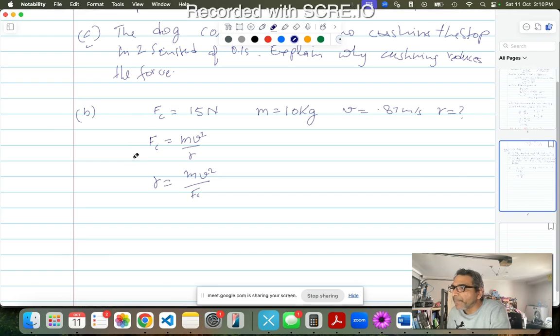This is done by the direct step, because r is the denominator on the other side. If it goes up to the left hand side, it becomes the numerator, and Fc becomes the denominator.